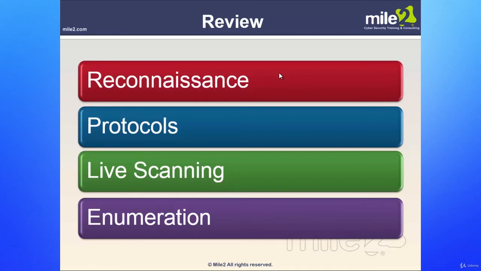This basically takes us to the review of everything we've just talked about. We talked about a lot of information, and we've also covered a lot of practice questions. Just to recap, when it comes to the reconnaissance side of things, we're basically doing reconnaissance, which includes everything from social engineering.